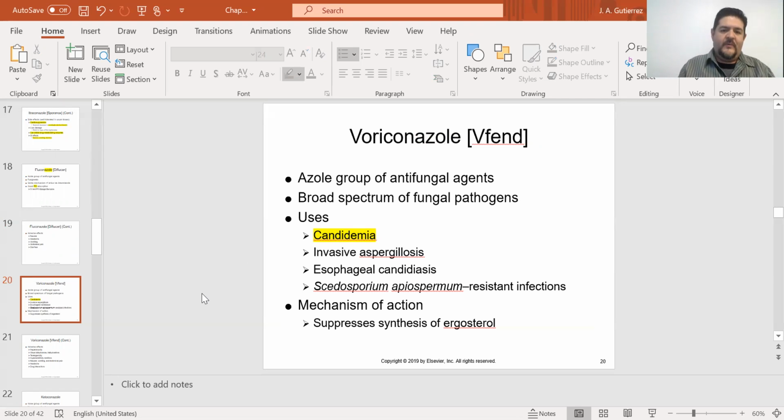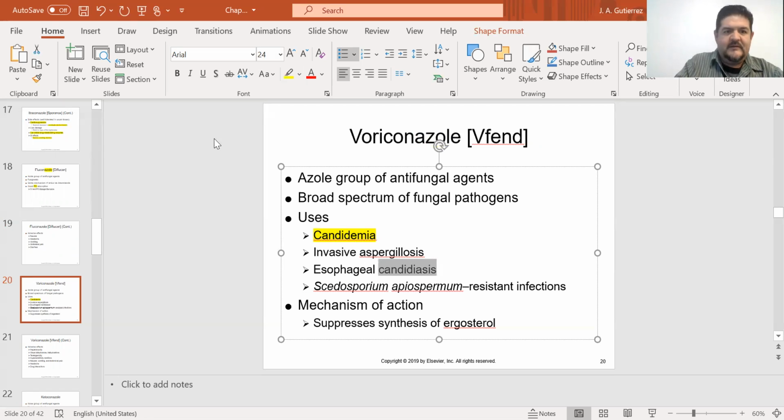So that means we have a systemic infection. Same thing for esophageal candidiasis and invasive aspergillosis. Aspergillosis usually is a lung infection. So the patient is going to have a lot of shortness of breath and symptoms regarding the lungs.